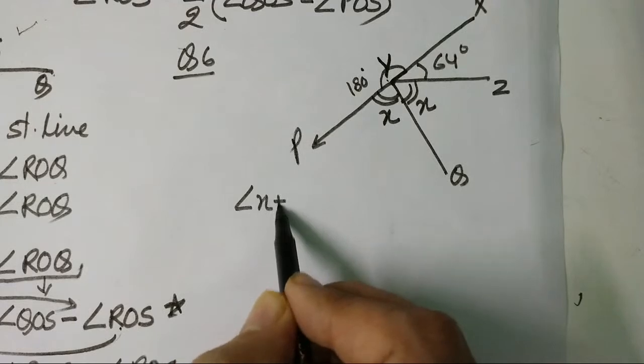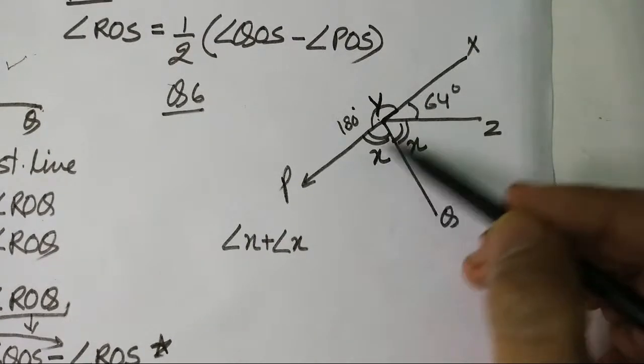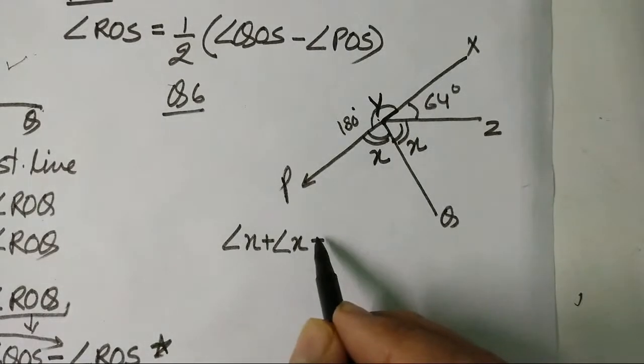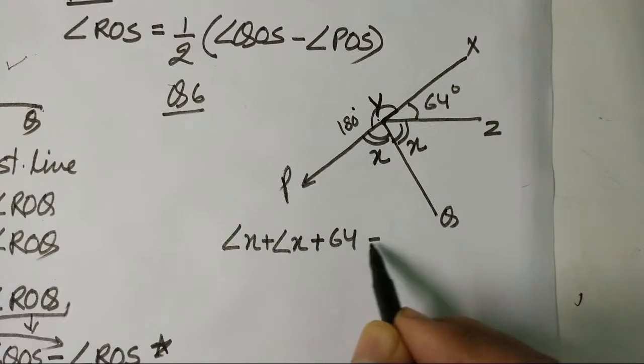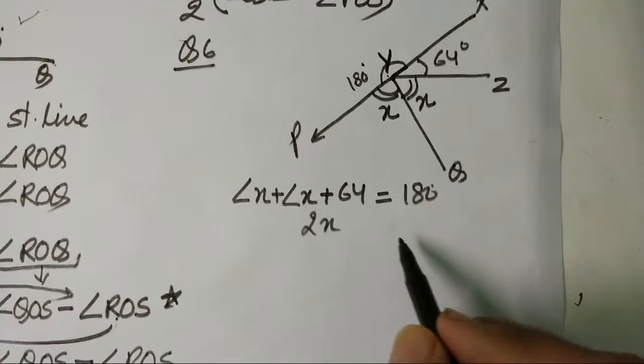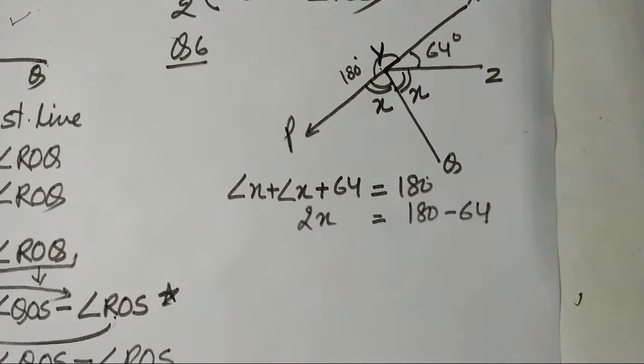Angle x plus angle x, the sum of this angle and this angle, plus 64 will become 180 because this is a straight line. So 2x will become equal to 180 minus 64.